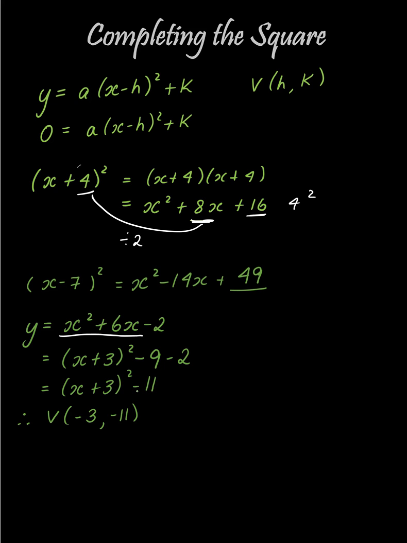You could use the same system if it asked you to find the x-intercepts or the zero solutions roots of this equation, because you're then trying to solve 0 equals x squared plus 6x take 2. You've got options. You could try and factorize. Clearly you can't factorize this. To be honest with you, I would then go straight to the quad formula.